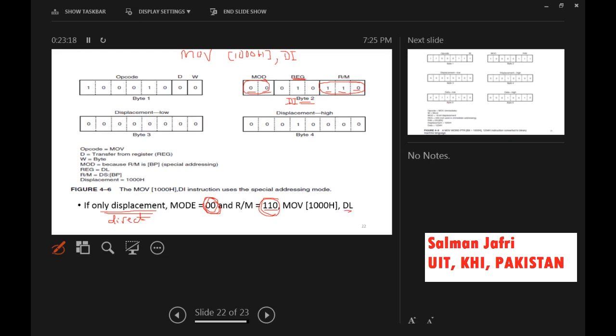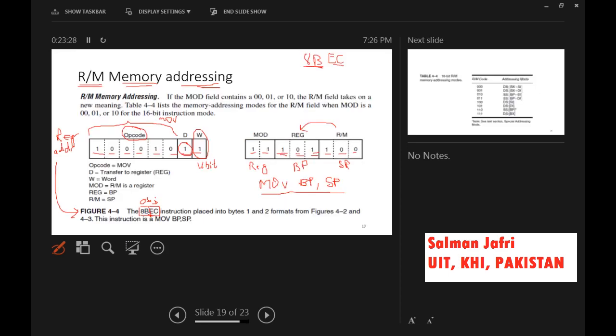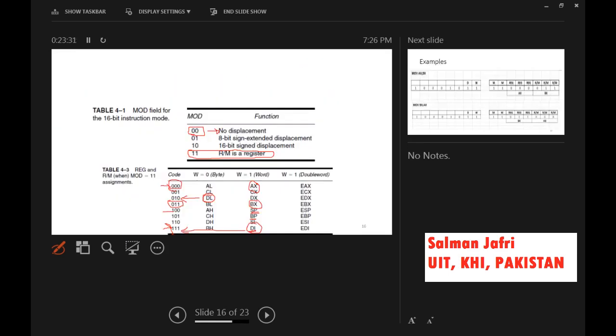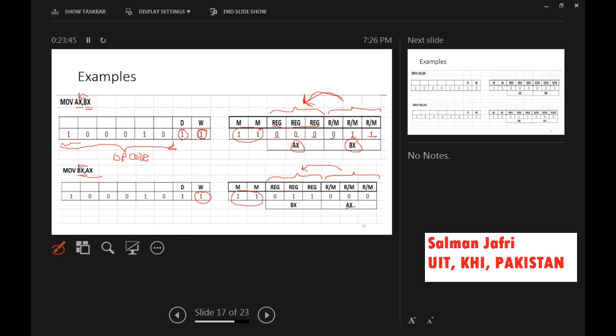Okay, I'm sorry, it is DL, right? So the code should be of DL. So let's look back again. The code for DL would be 010, right? 010.